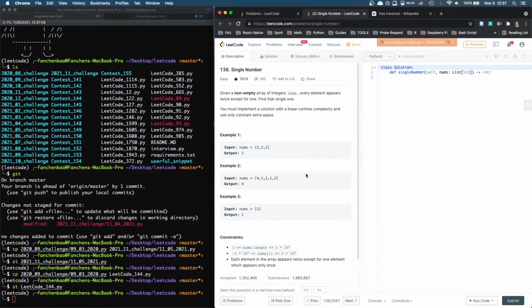That's an interesting question. Actually, I don't see it immediately. Constant extra space. How do I check if I have encountered this one before? Well, everybody appears twice, right? Everybody appears exactly twice.